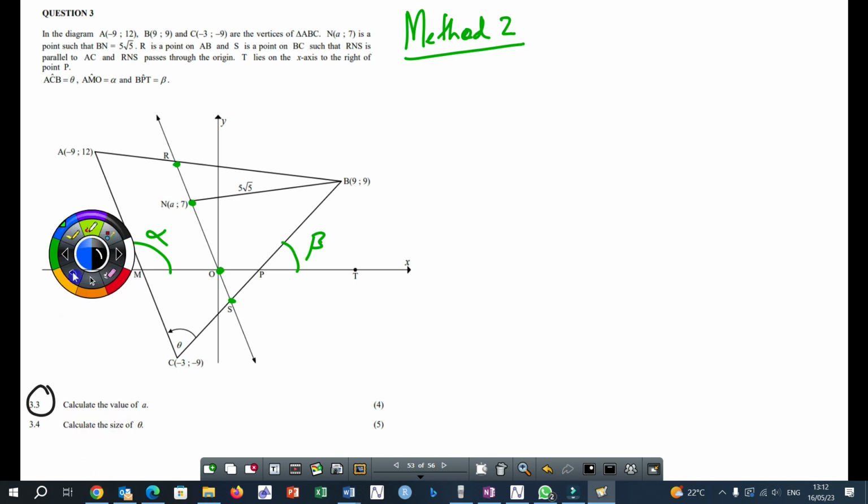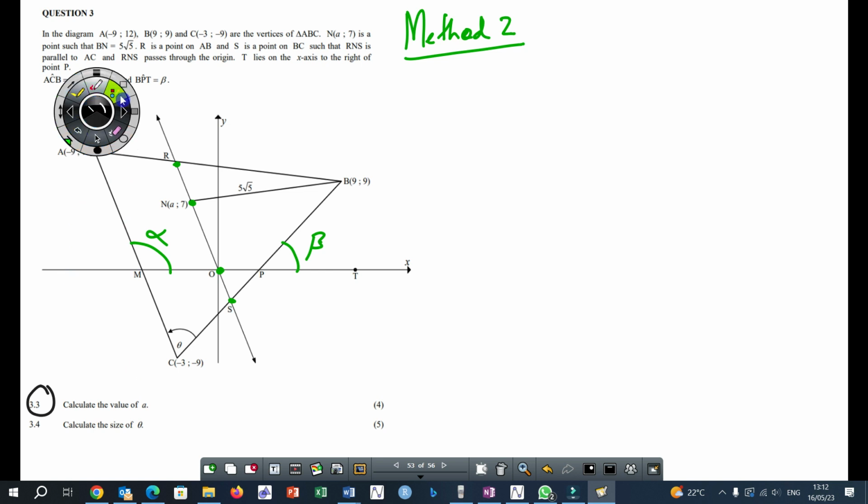So if I construct a straight line parallel to the x-axis like that. Please, it's not a perfect line, it's parallel to the x-axis. Now this is interesting.